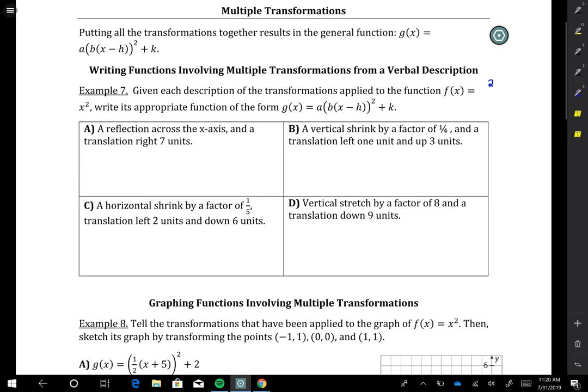Letter A says a reflection across the x-axis and a translation right 7 units. So we're going to write a function that looks like this, but we only need to fill in the parameters when we actually have one of those things happening. A reflection across the x-axis makes our A value negative.